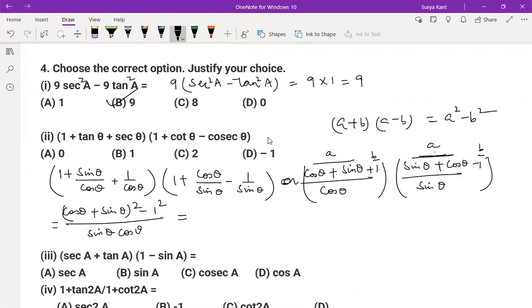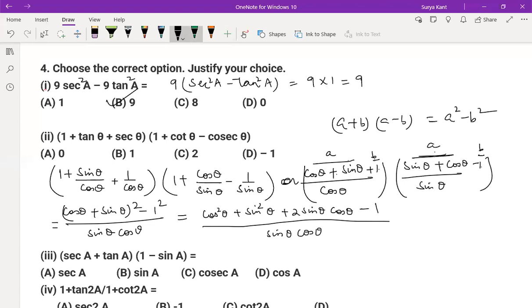Again, we just expand this cos theta plus sine theta whole square. What we can write here? Cos square theta plus sine square theta plus 2 sine theta cos theta minus 1, divided by sine theta cos theta. Is it clear?